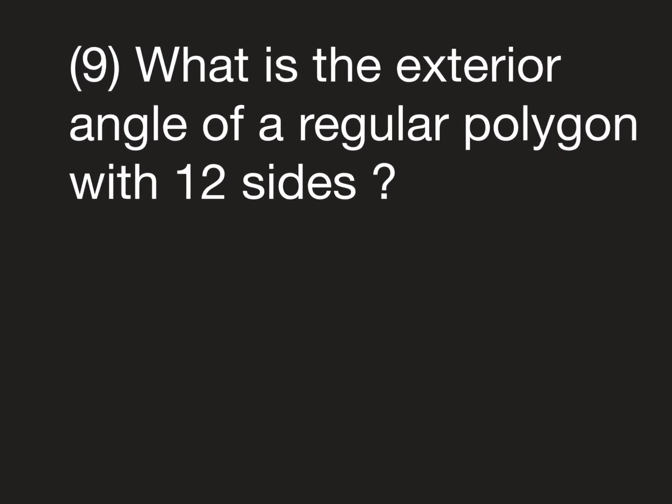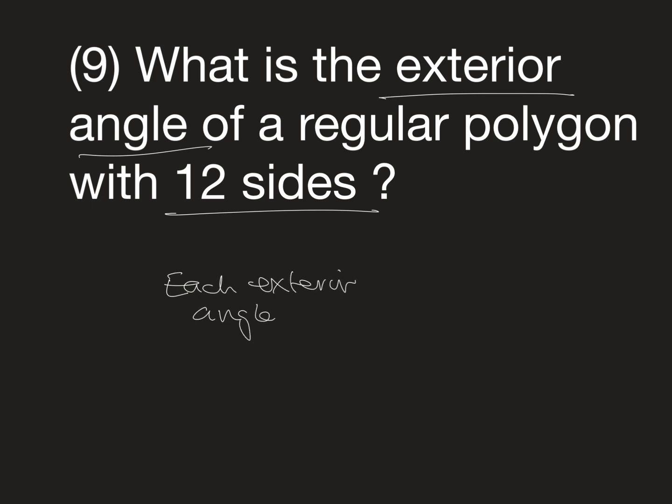It says, what is the exterior angle of a regular polygon with 12 sides? Remember, we are asked to find each exterior angle. So each exterior angle, or simply the exterior angle, is equal to 360 divided by n.